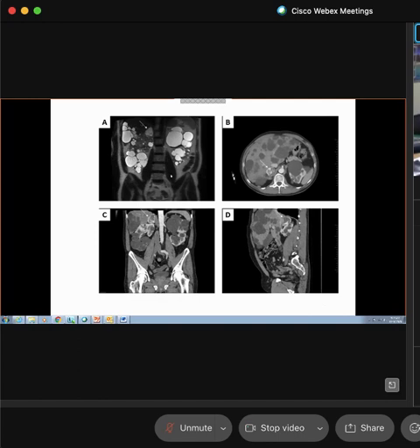What kind of curvature does the lumbar vertebrae have? Lordotic. Very good.